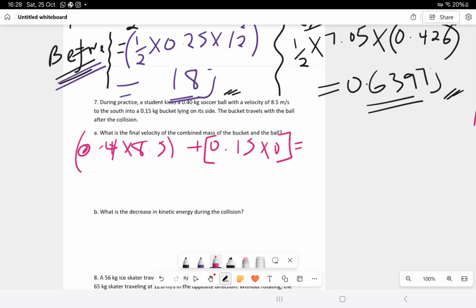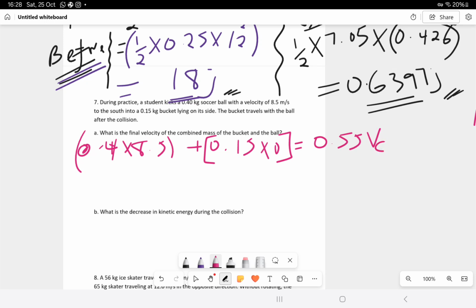This should give you M1 plus M2, 0.4 plus 0.15, get 0.55.